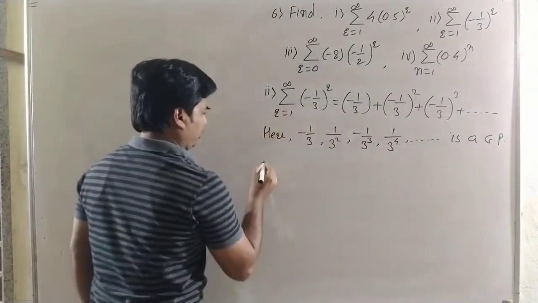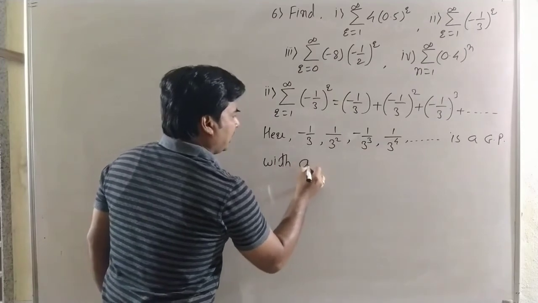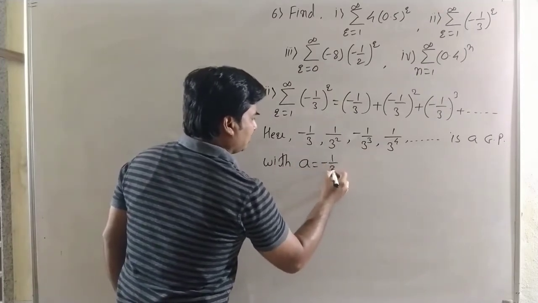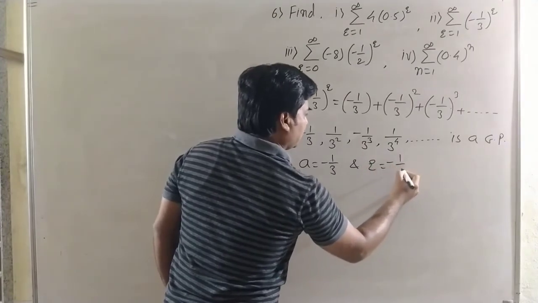This is a geometric progression with a equal to minus 1 by 3 and r also minus 1 by 3.